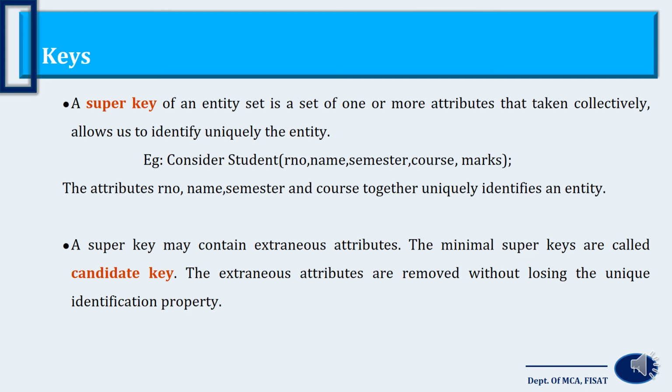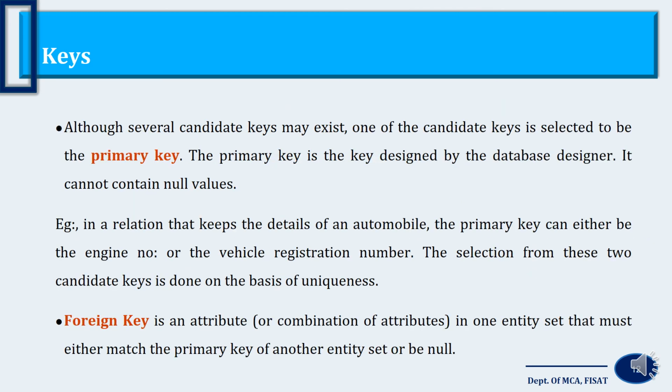Such keys can be called candidate keys. The candidate key should not have any extraneous attributes. We know what a super key is, and what a minimal super key is. It is a candidate key. A candidate key is nothing but the minimal super key. Extraneous attributes from the super key are removed, right?